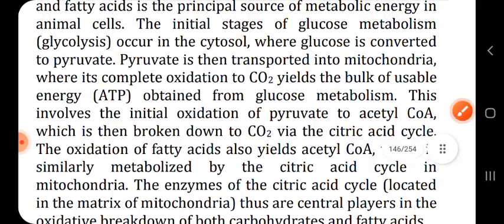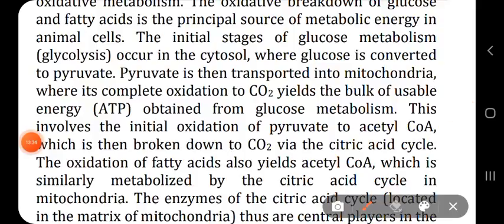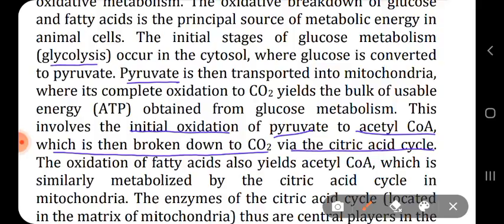So generally, as we know, metabolism of carbohydrate takes place within the cytoplasm and then within the mitochondria, where the glucose is broken down to form pyruvate by the process of glycolysis. Then this pyruvate is oxidized to form acetyl coenzyme A, which will be further broken down to CO2 via the citric acid cycle.